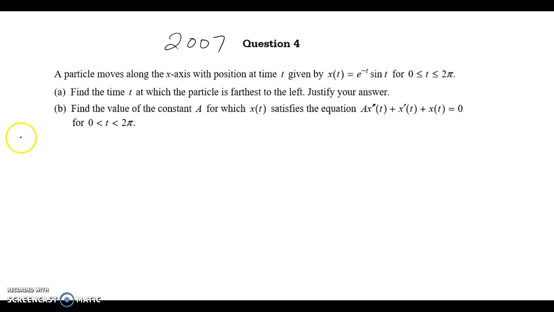Okay, part B. We need to basically fill in this equation. So you notice I need the second derivative. I already have the first derivative and I need the original function. So I'm first going to find that second derivative.